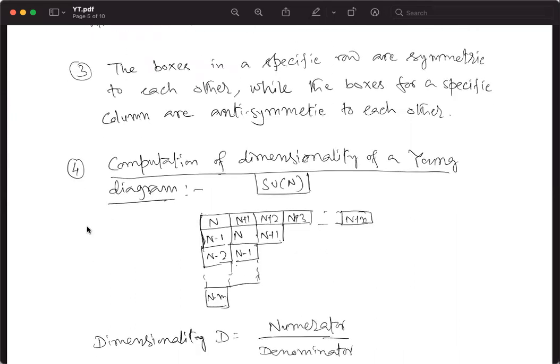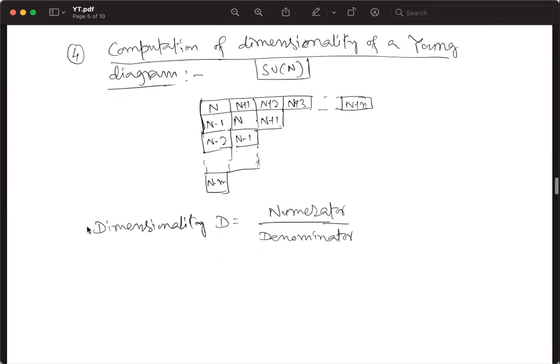Once we use these thumb rules to construct the diagrams, our job is not done, because we have to compute the dimensionality of those diagrams. So how do we compute the dimensionality of these representations? Let's say this is one of the generic diagrams you find, and you have to remember that at the top left corner, for SU(n), we start with n.